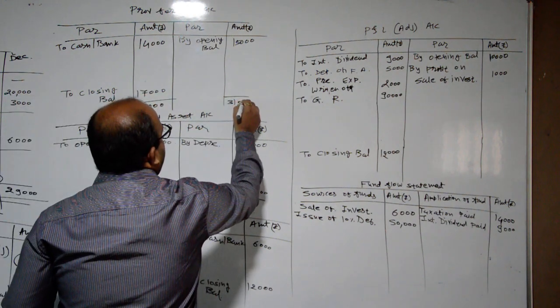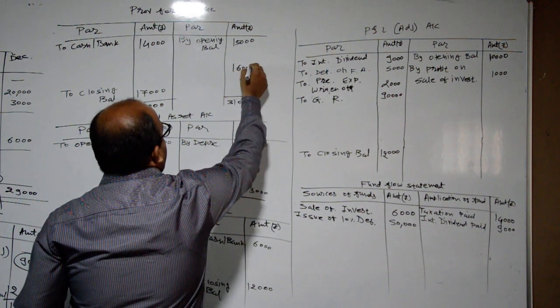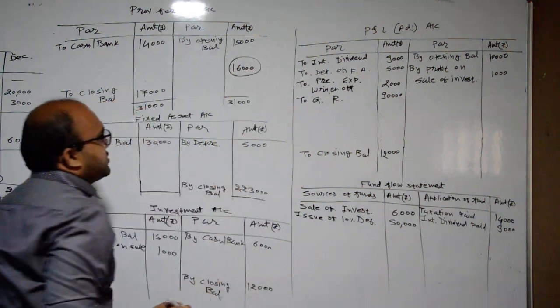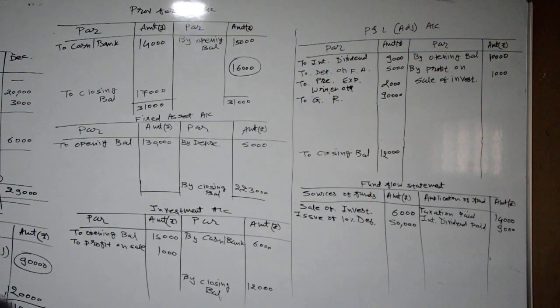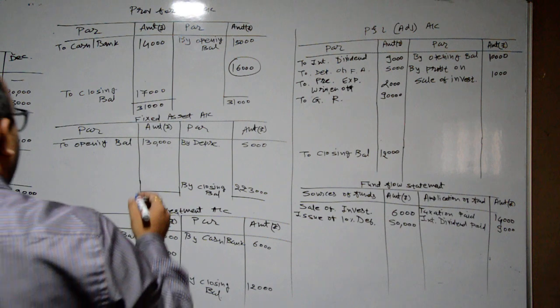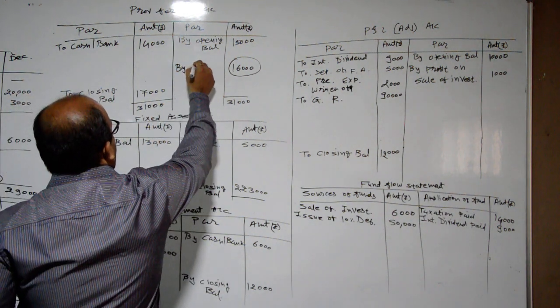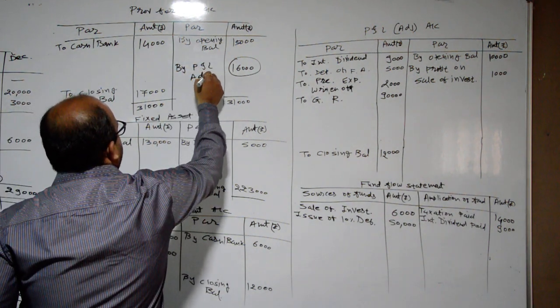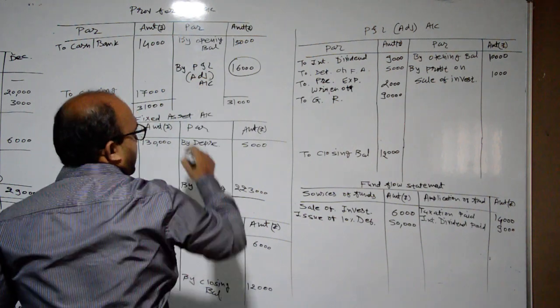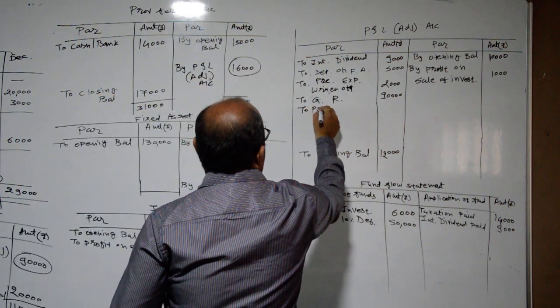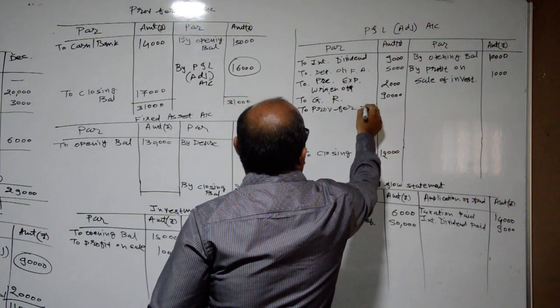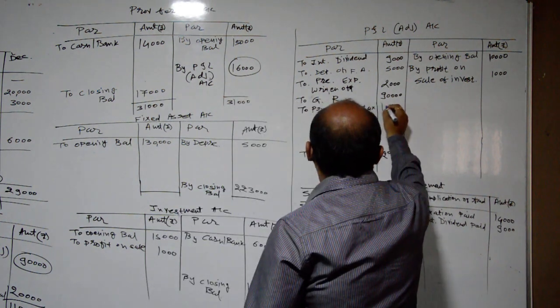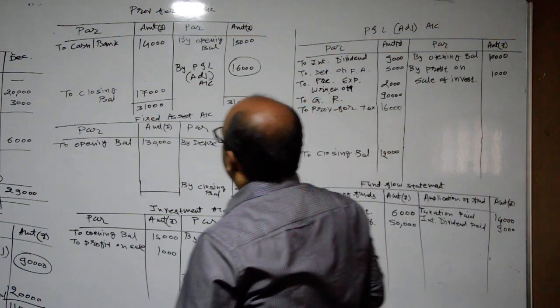Out of these 31,000, the difference will be 16,000. So that is provision for tax. And when we are providing for provision for tax, it will have effect on P&L adjustment debit side. So here P&L adjustment account, and on debit side to provision for tax account 16,000 rupees.